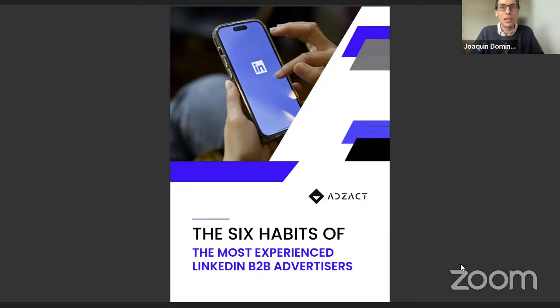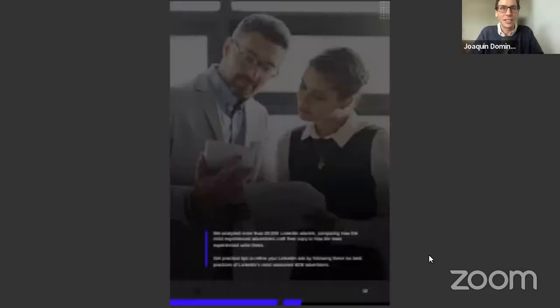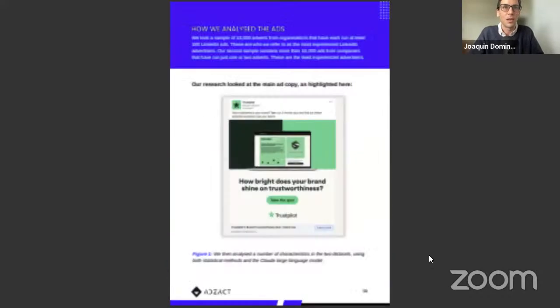All right, so let's go into how we analyzed the ads. We took a sample of 13,000 ads and we analyzed different parts of the ads. We analyzed the copy itself, like the image that is highlighted here.